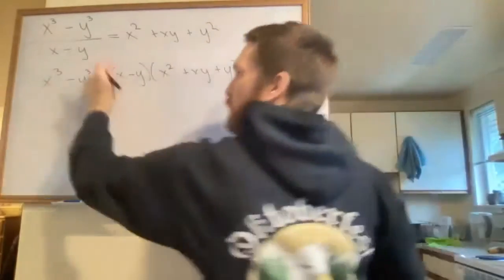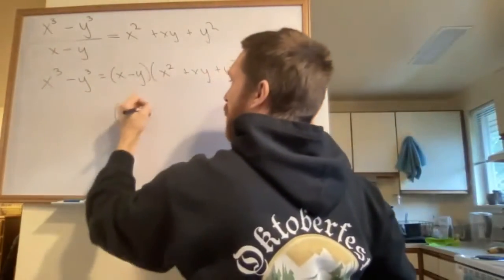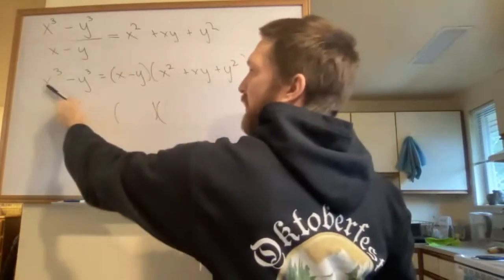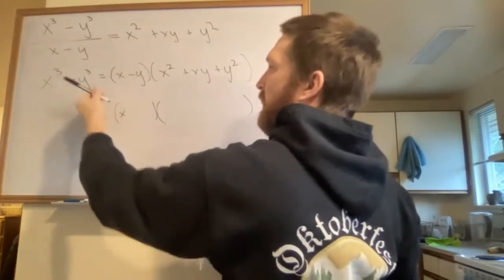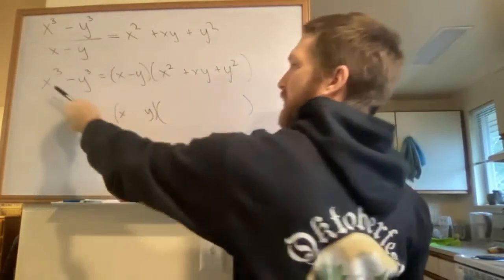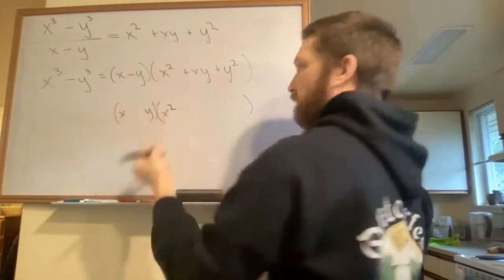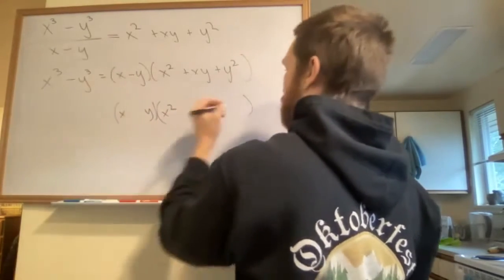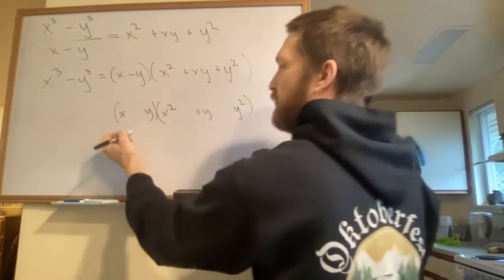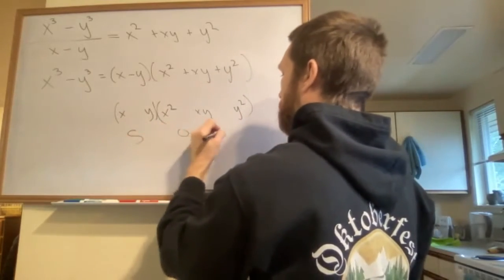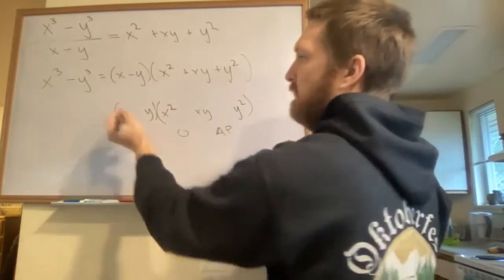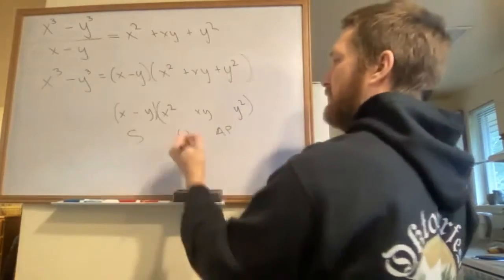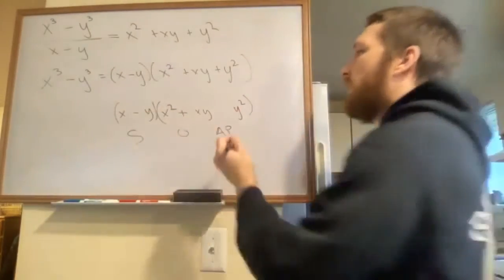Like if you just gave me that, I would say, well, that to the first power, that to the first power, that squared, that times that, which is xy, that squared, and then I'd go SOAP and say same sign, which is a minus, the opposite sign, which is a plus, always positive.